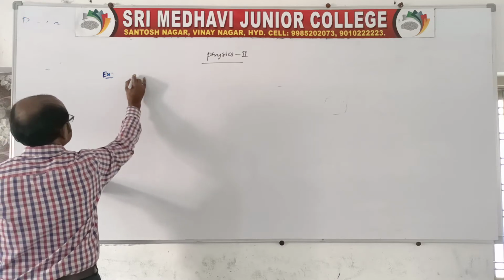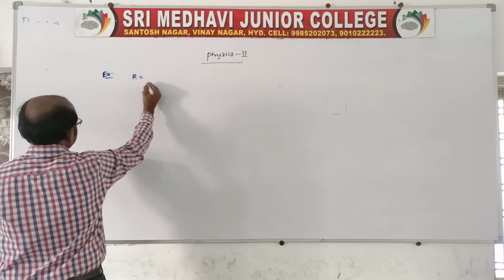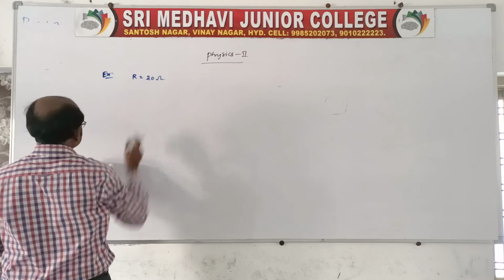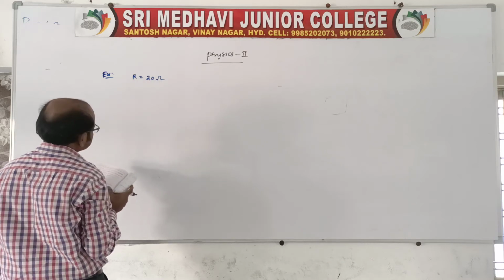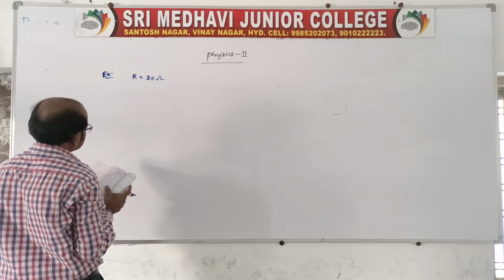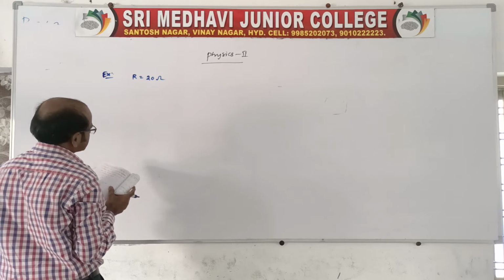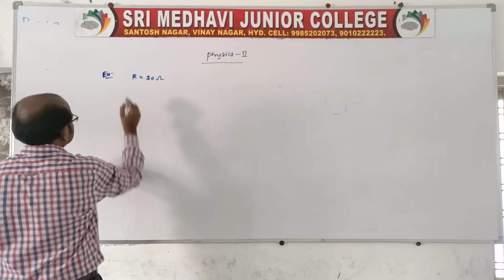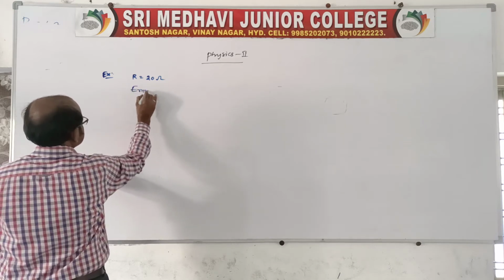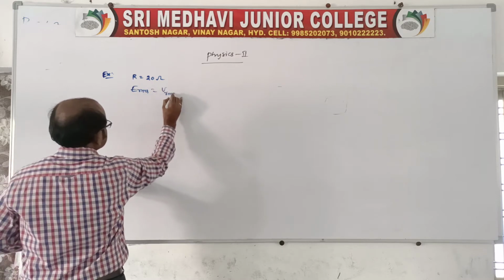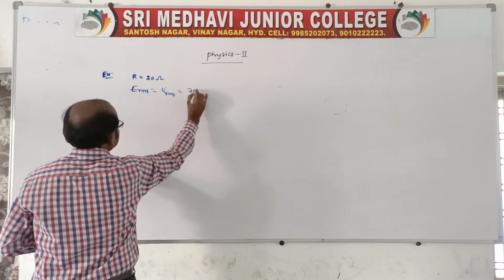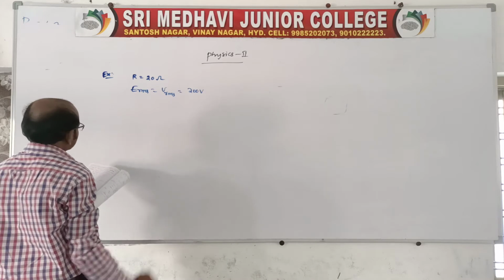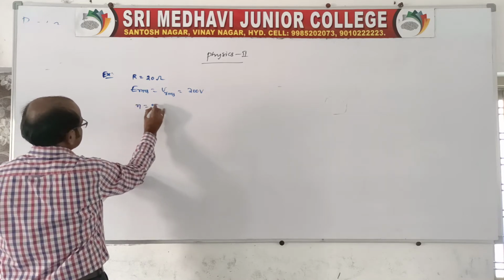A series resistance R is given as 20 ohm, a capacitor and an ammeter of negligible resistance. It is connected to a source, given as ERMS, or we can say VRMS, of 200 V, with a frequency of 50 Hz.